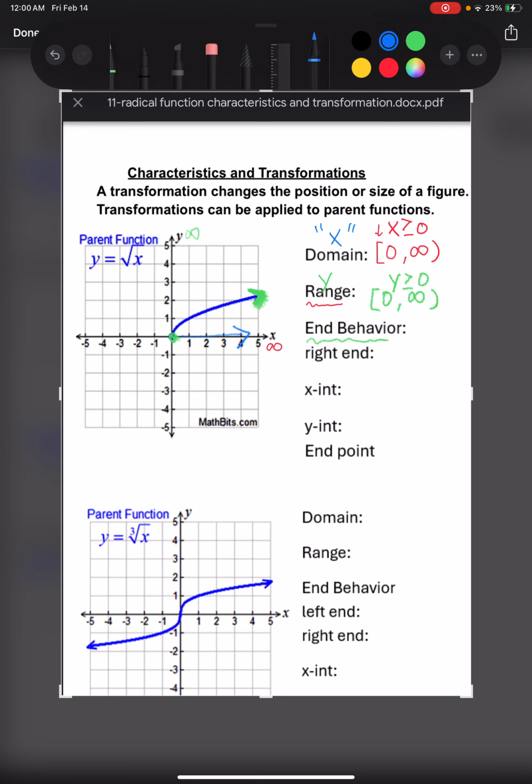So as x approaches positive infinity, you're going to write y's value. Because of the arrow, it's going to go up until positive infinity.